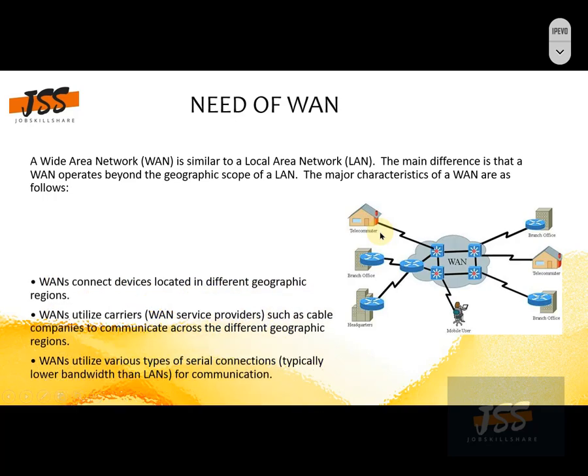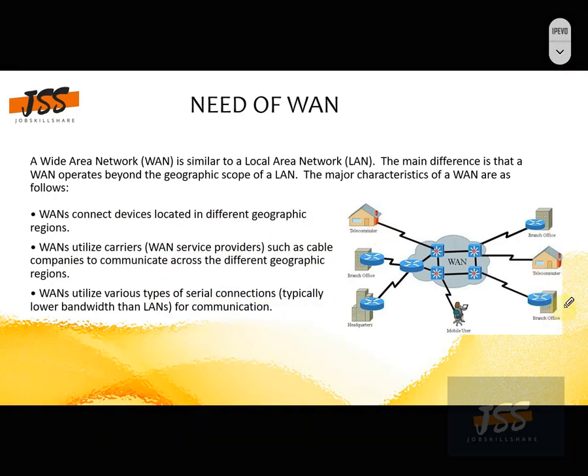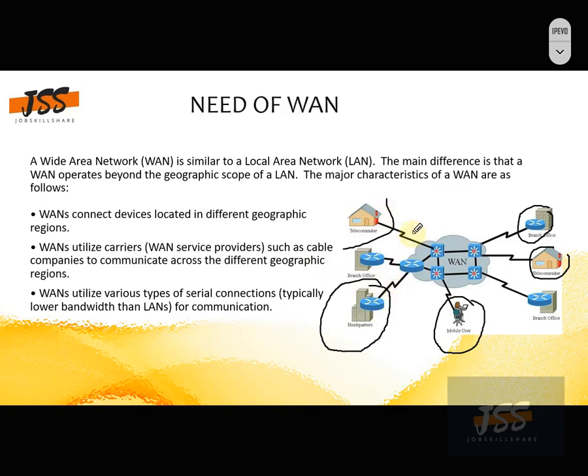As I have already mentioned, why do we need WAN? Basically, we have this headquarters here, we have some mobile users, some telecommuters, a branch office, and other telecommuters, and they want to pass information between each other. That is where we use the WAN.